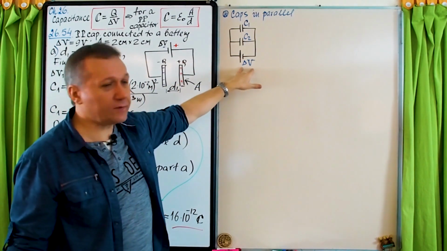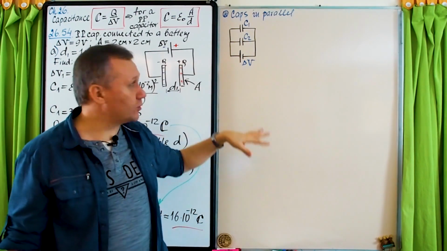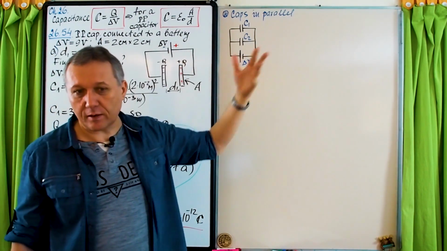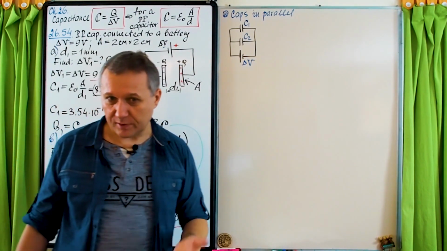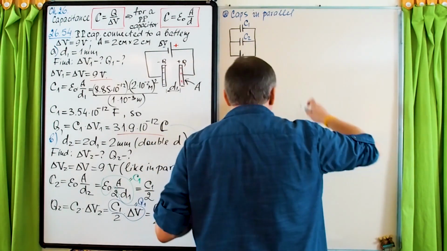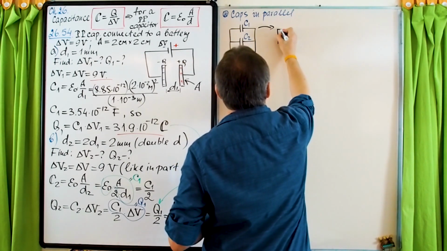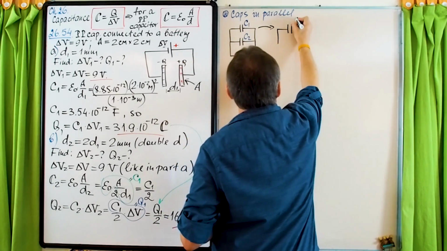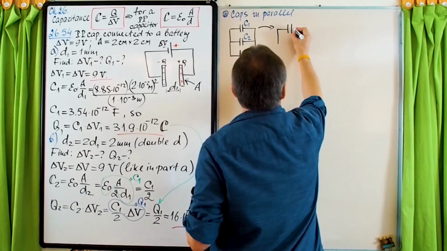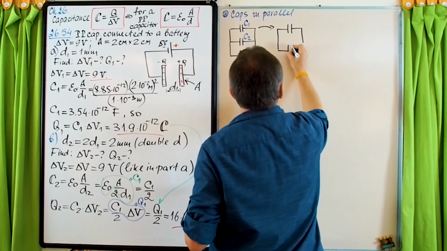In this case, potential difference must be the same across the battery in the equivalent circuit. And if some charge Q is taken in the real circuit, in the equivalent circuit the same amount of charge must be taken. So now in the equivalent circuit, we have one capacitor, C, I will write later, and the battery.